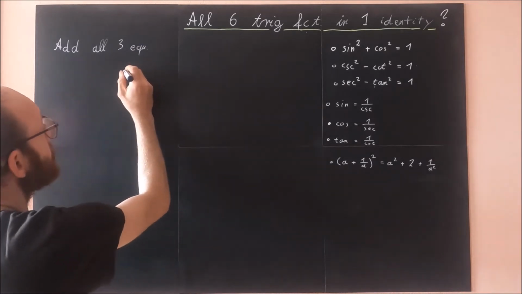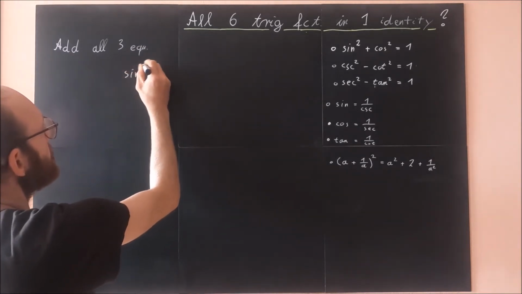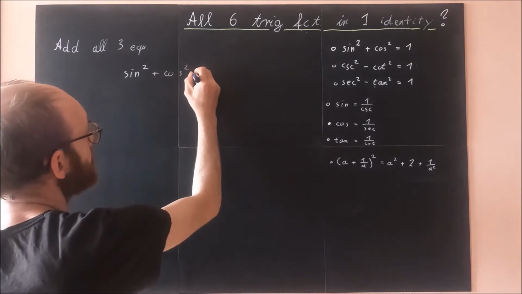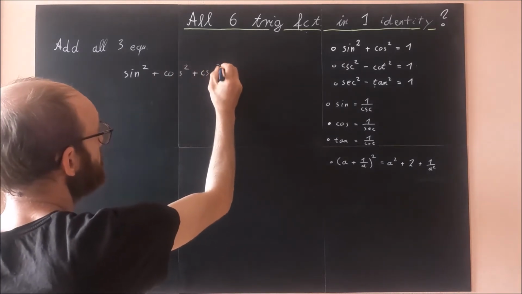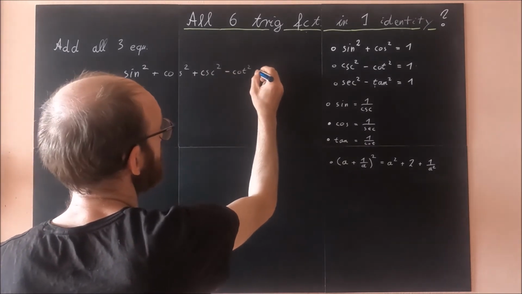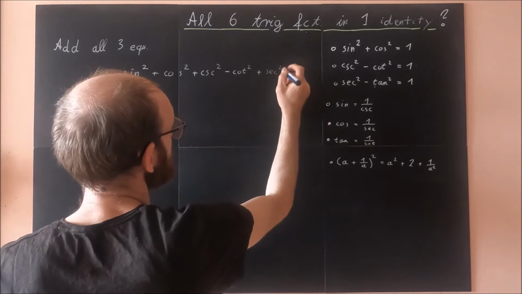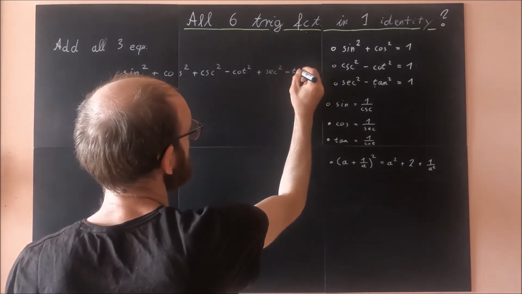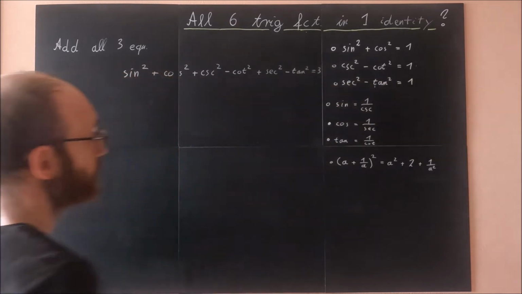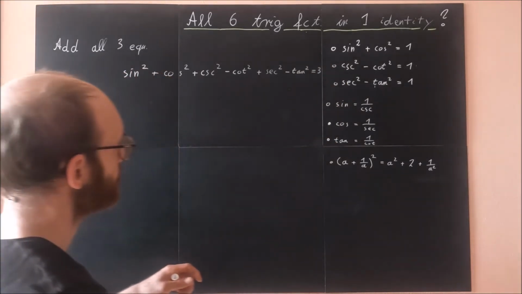So we have sine squared plus cosine squared plus cosecant squared minus cotangent squared plus secant squared minus tangent squared equals 3.